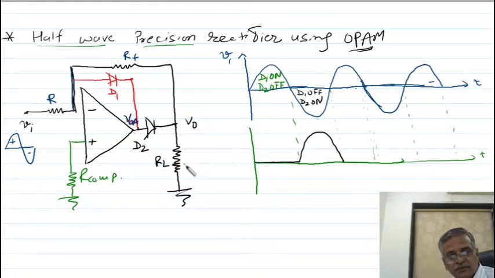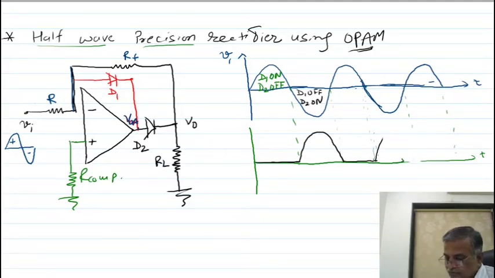As current flows, you will get your output voltage across RL. That I am showing you. So, for each negative half of the input cycle, you will get the output.